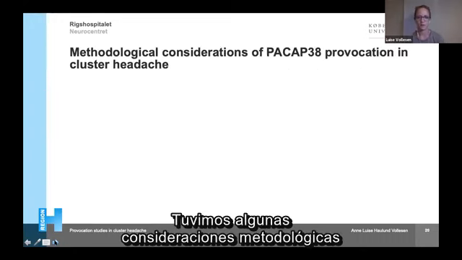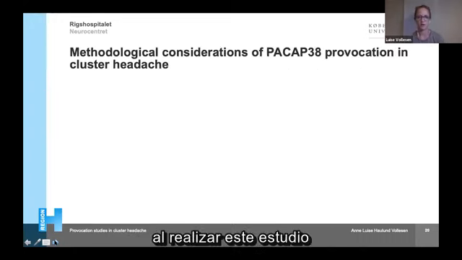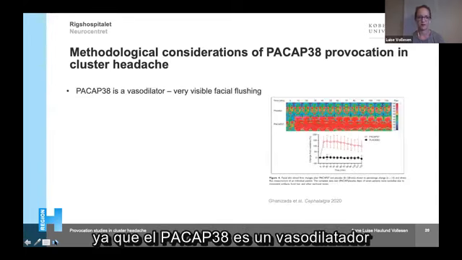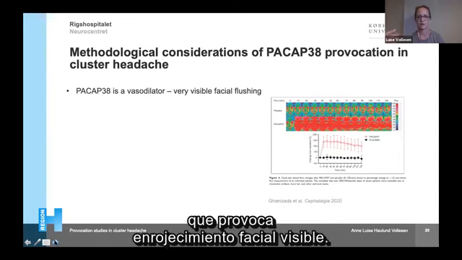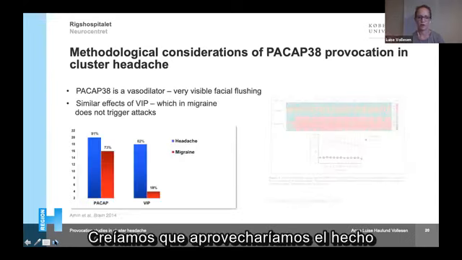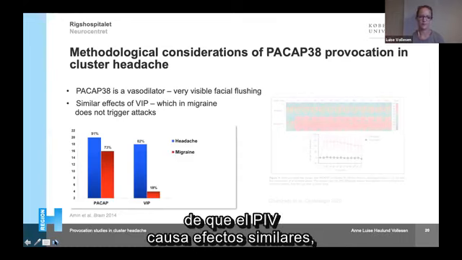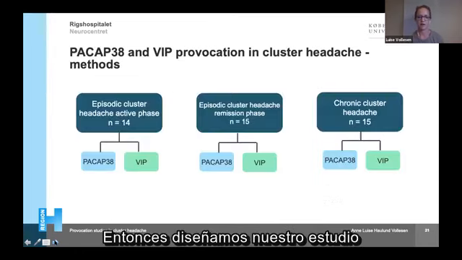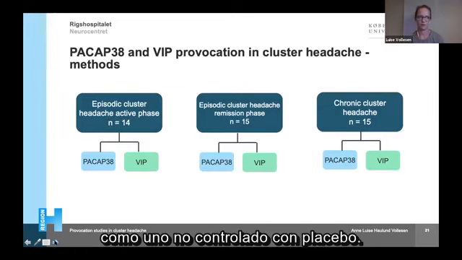We did have some methodological considerations of doing this study, since PACAP38 is a vasodilator that induces very visible facial flushing. We thought we would exploit the fact that VIP gives similar effects, but in migraine does not trigger attacks. So we designed our study as not a placebo-controlled study as such.